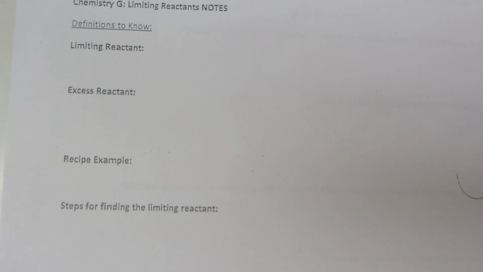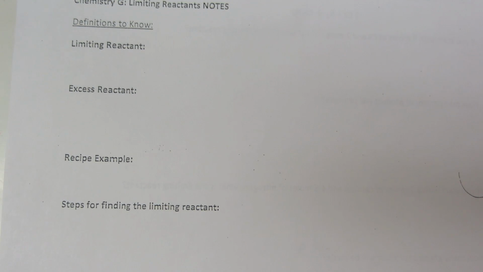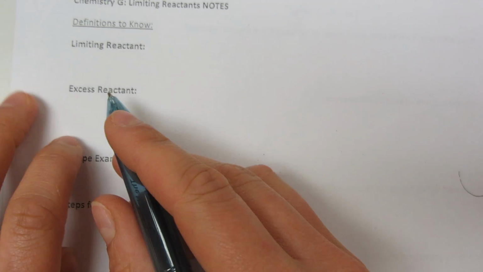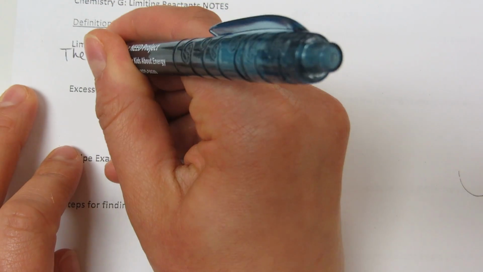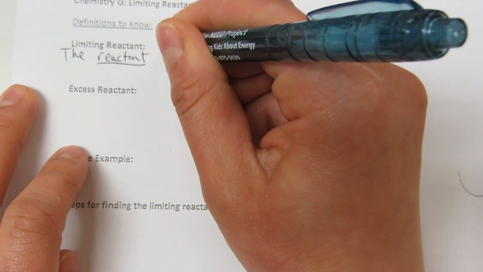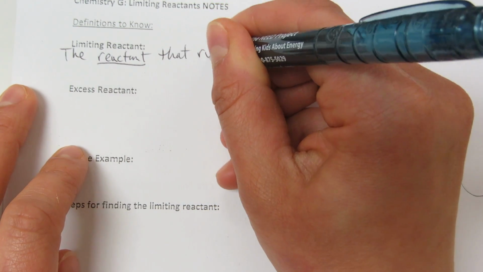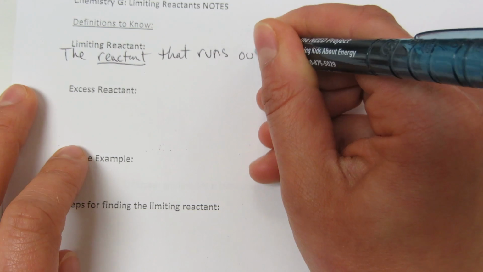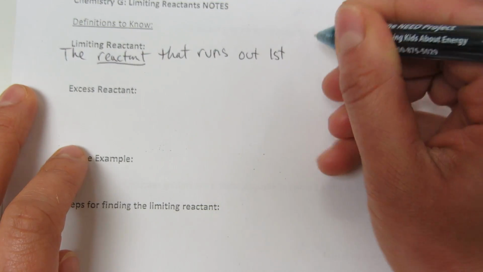Alright, we're going to cover limiting reactants and what that means for a reaction. So the limiting reactant is the reactant that runs out first.